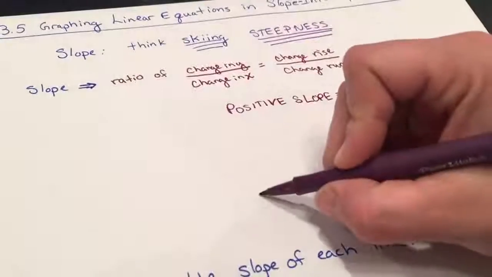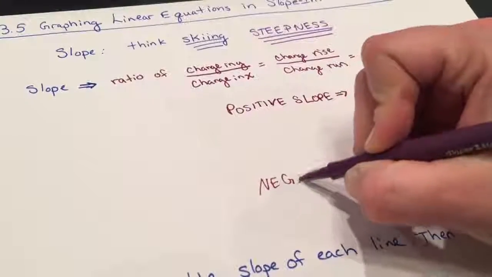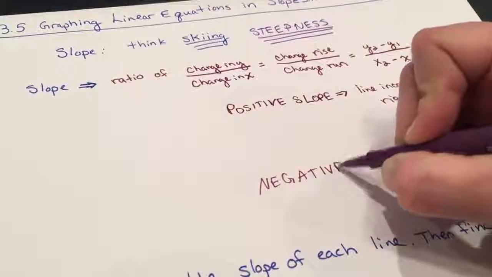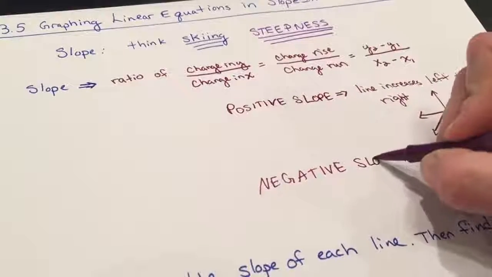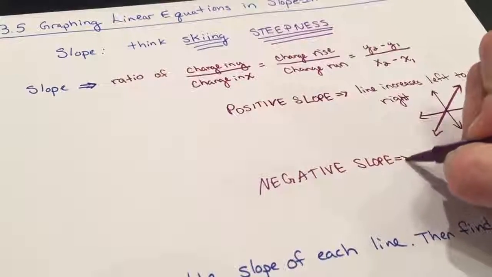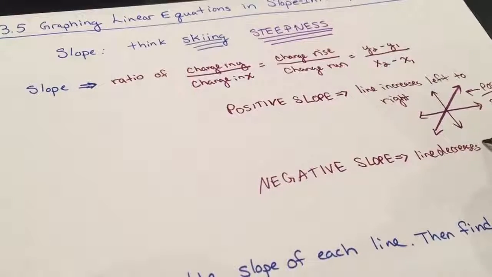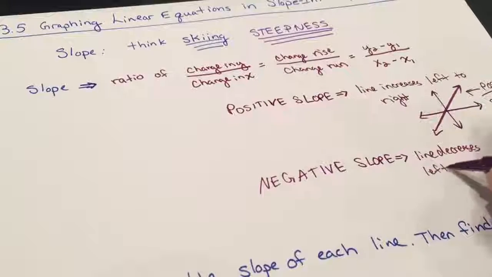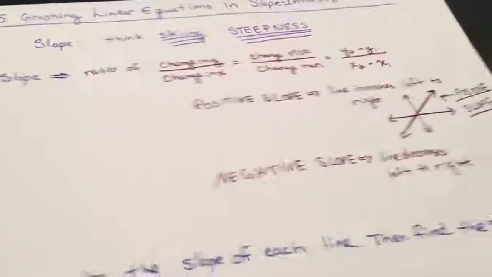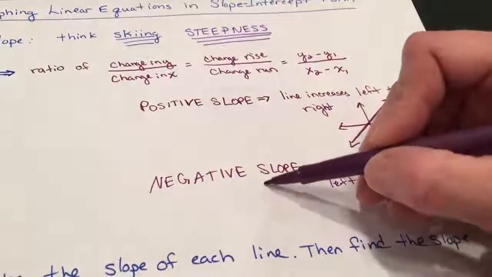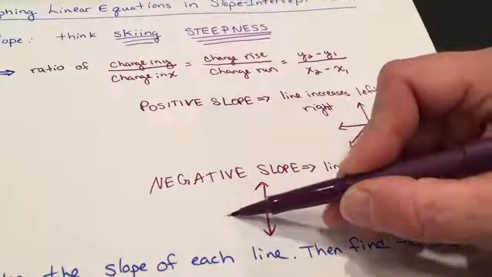A negative slope means the line decreases from left to right. And what that looks like, I'm just going to draw a quick sketch here.